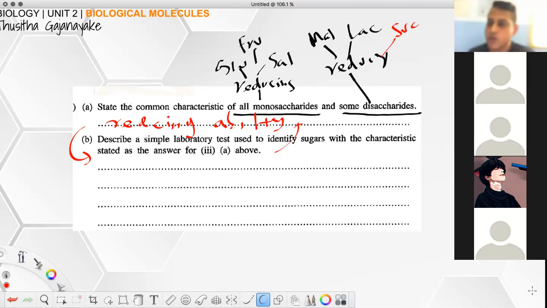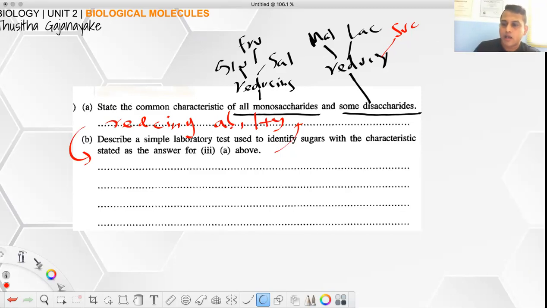Now, if you look at the notes, all the practicals I'm going to do at the end, because otherwise I might miss practicals in the middle of the lesson. So I am doing the practicals at the end. But here, you can remember the test we use to identify reducing sugar is the Benedict test.